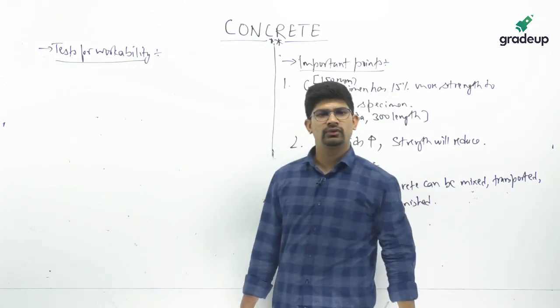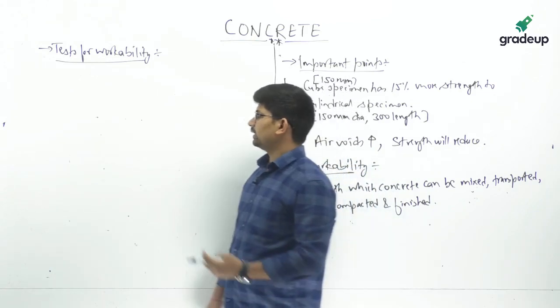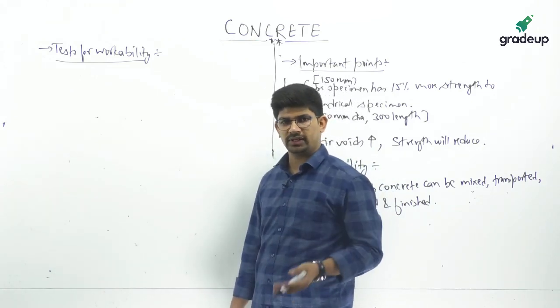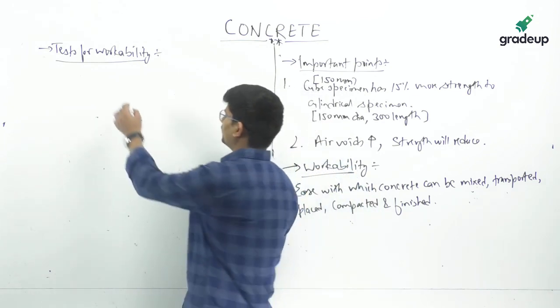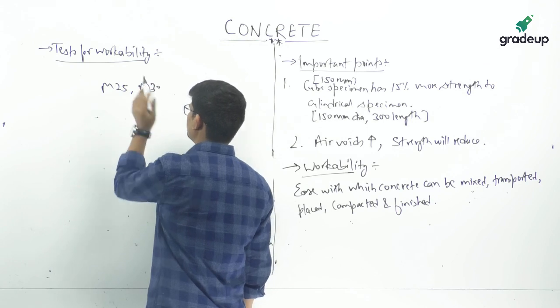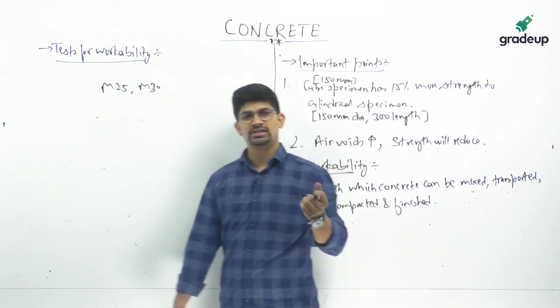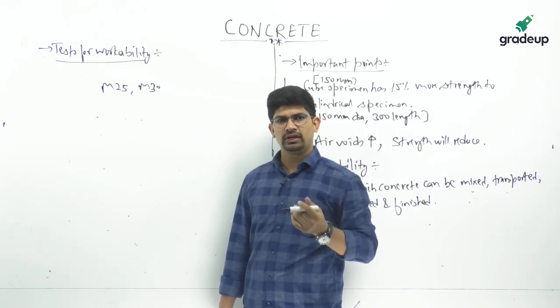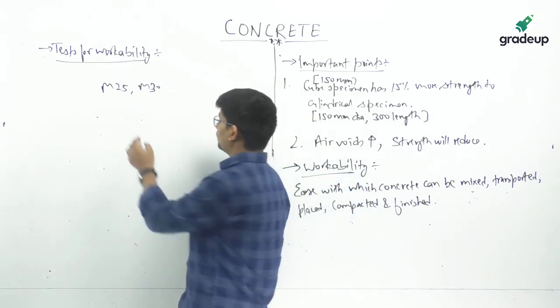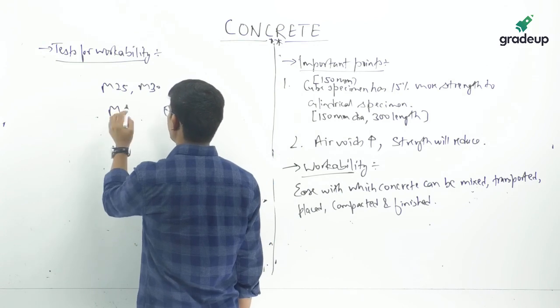Sir, grade of concrete for rigid pavement. See, it depends on the quality of pavement which you are going to construct. If it is being constructed for highway, then I think M20, M25, M30 will be sufficient. But if you are constructing the same rigid pavement for airports, for the runways and everything, you will require greater grades.